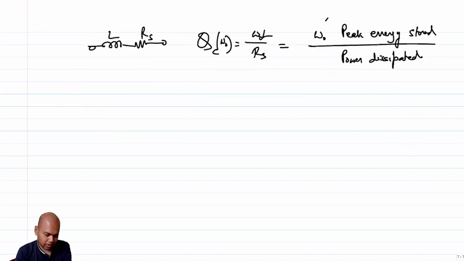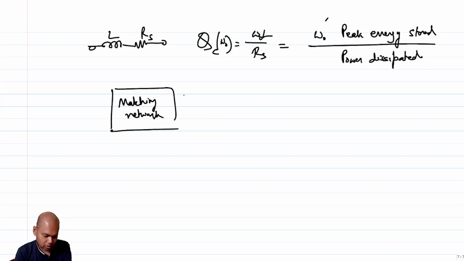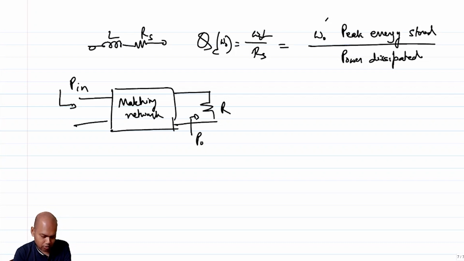then what we are essentially saying is that if you have a matching network here, and if you have R here and you are trying to deliver power, P in is equal to P out only if there is no loss in the matching network. But if there is a loss in the matching network, then P in will not be equal to P out. Right? And what is the source of loss?